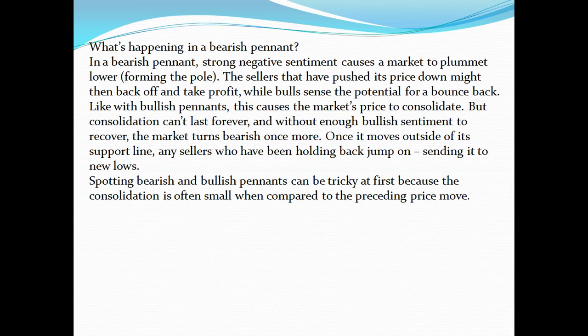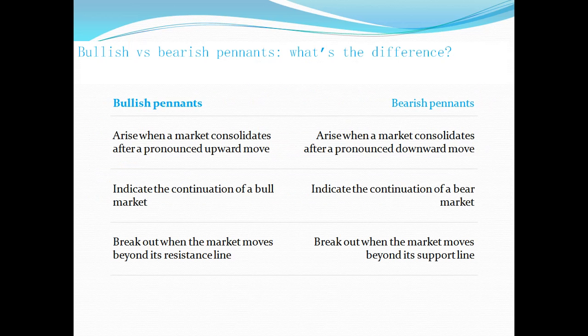Spotting bearish and bullish pennants can be tricky at first because the consolidation is often small when compared to the preceding price move. Then you have seen both. I will let you know what the difference is between bullish and bearish pennants.